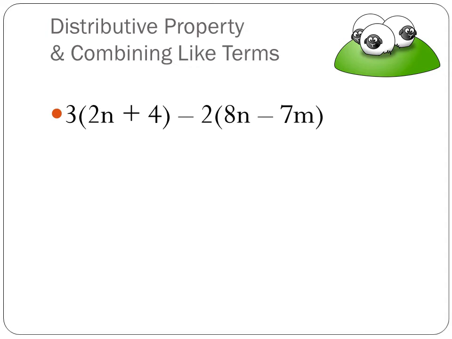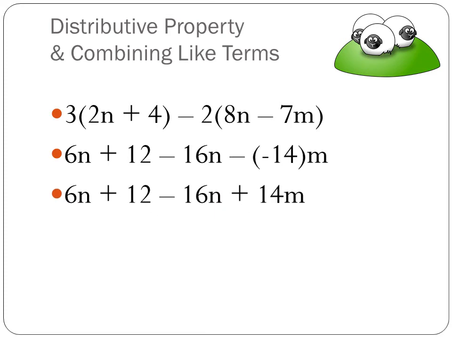Negative 3 times 2n plus 4 minus 2 times 8n minus 7m. Remember, everything inside by what's exactly outside. 6n plus 12 minus 16n minus negative 14m, which in turn will just give me 6n plus 12 minus 16n plus 14m.